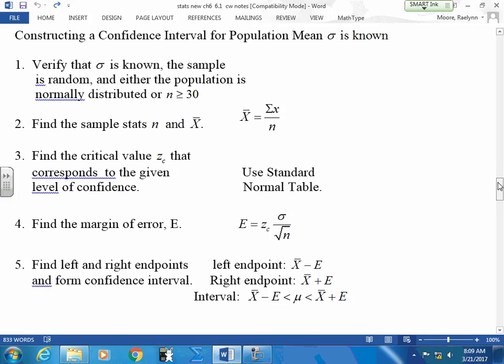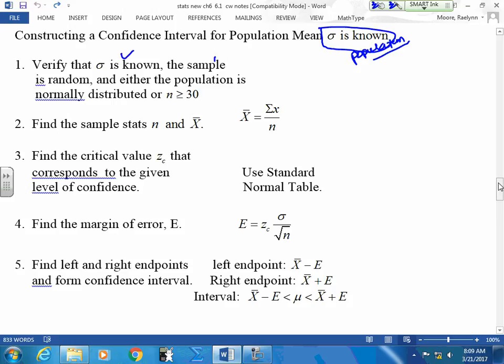Now, I put this on your note page. This is important. These are the steps you're going to follow when you construct a confidence interval for a population mean, knowing the population standard deviation. We have to know this one. We first want to verify that we know the population standard deviation.